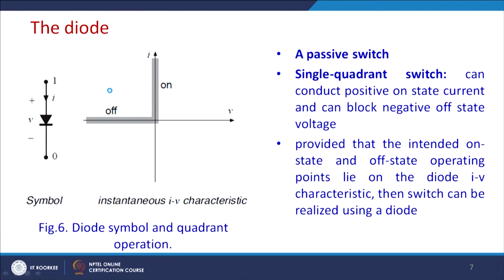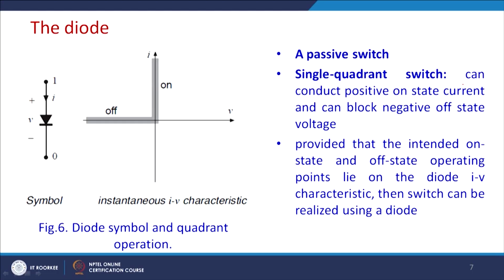In the same way, the diode is an uncontrolled switch, whereas the BJT will be a controlled switch. This is a passive switch because it does not require any control, and it is a single quadrant operation, as explained in the previous slide.